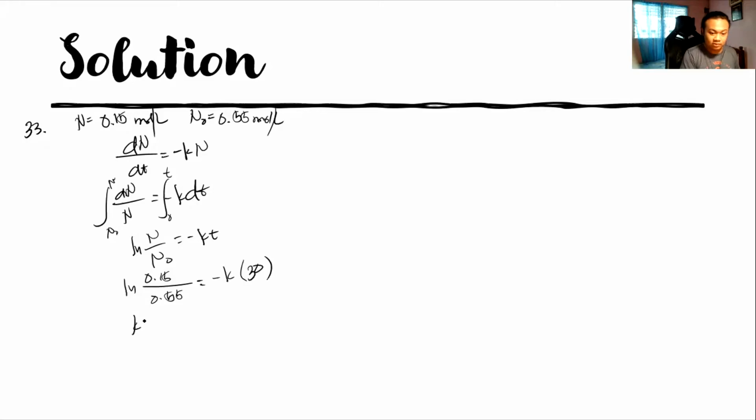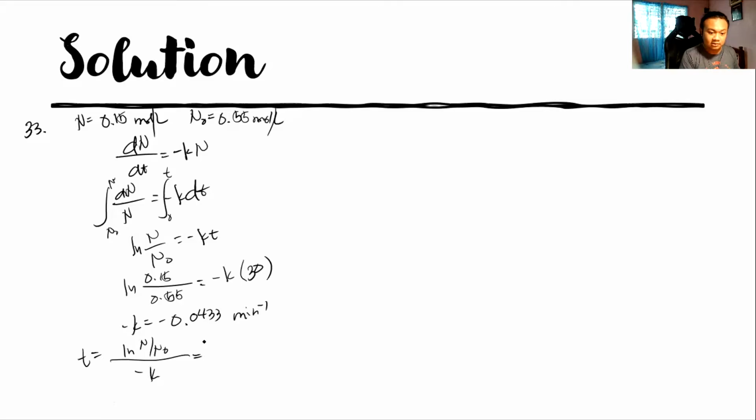So we get negative k equal to 0.0433 per minute. Now we will use this value of k to find the next t. So let me rearrange: t equals ln of N over N0, over negative k.